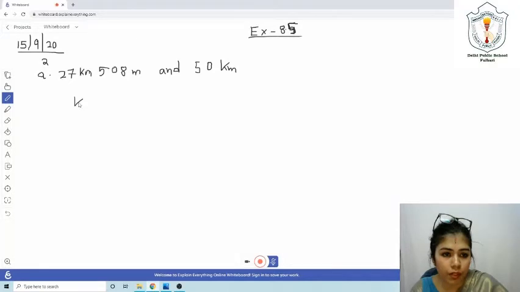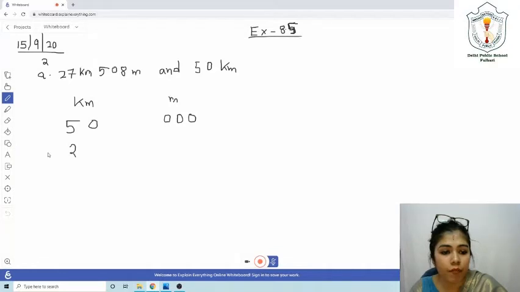So first what we'll do is we'll write the units, kilometer and meter, and we have to subtract this number from this. So now we write 50 here below, and after 50 we have nothing. So for your convenience you can write 0, 0, 0.